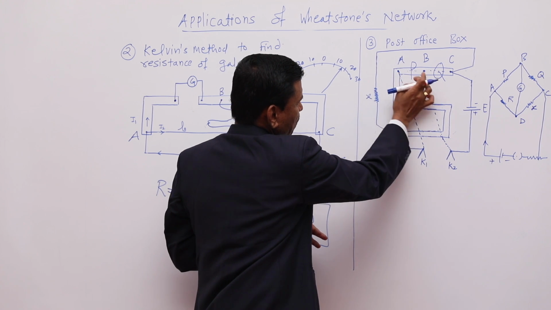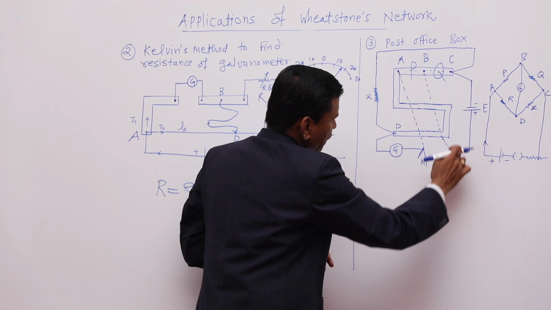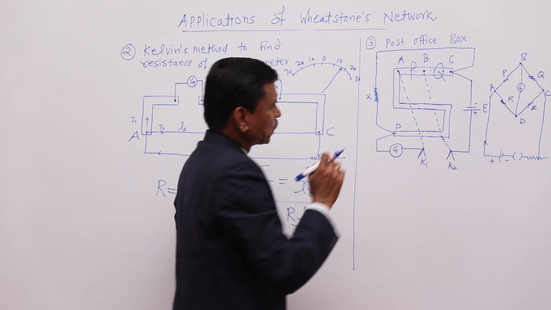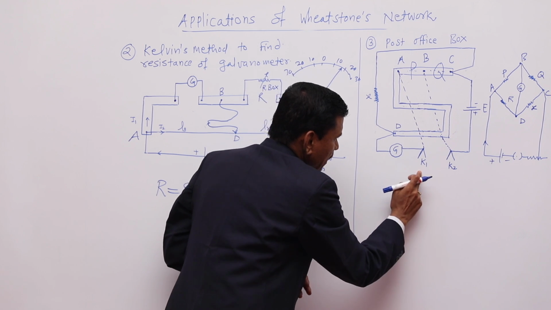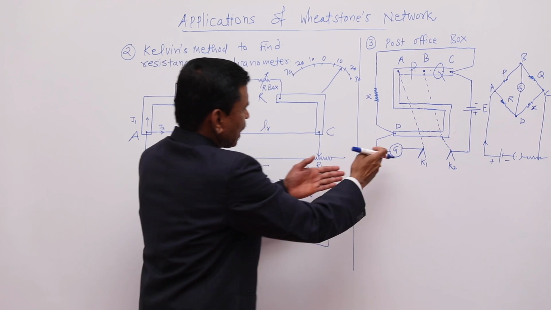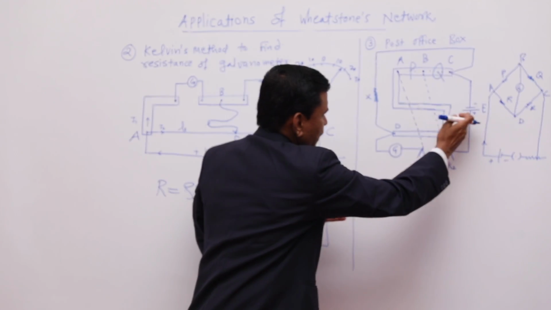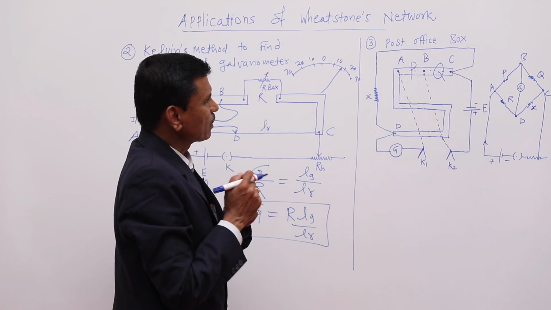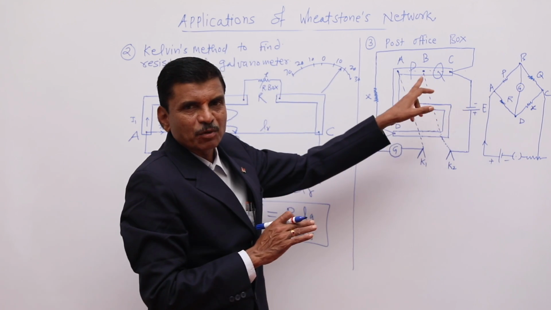There are points A, B, C and D. The point B is internally connected with tap key K2. Point A is internally connected to tap key K1. Then the galvanometer is connected, the unknown resistance is connected, the battery is connected. Okay, so again there are points A, B, C, D.